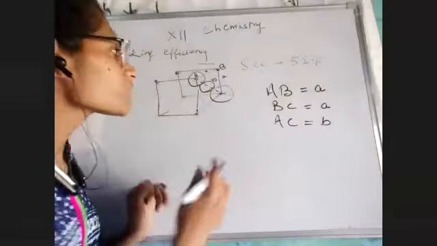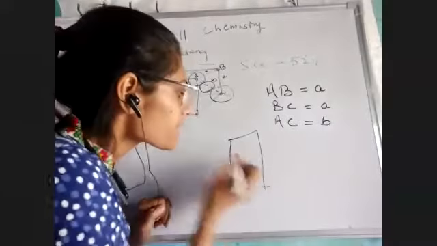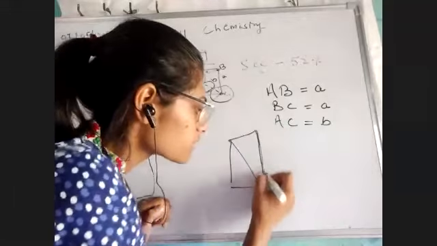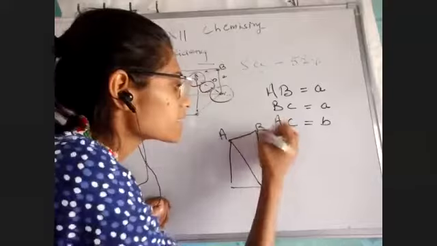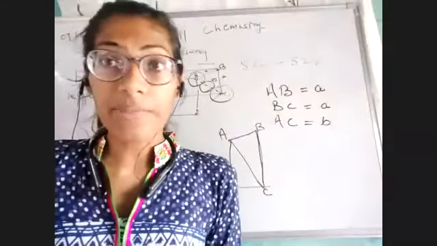Now, if you see it very carefully, this seems to be a triangle, triangle ABC. And now let's go back to our lower classes in mathematics.